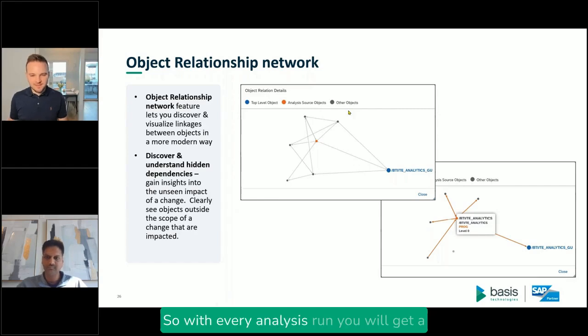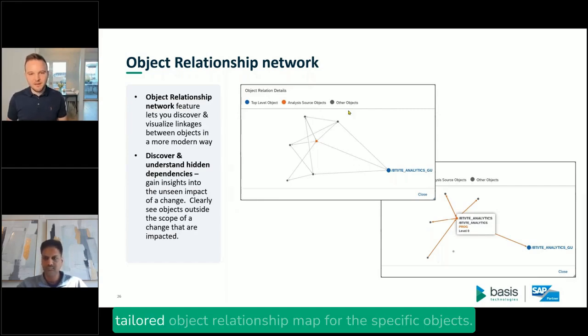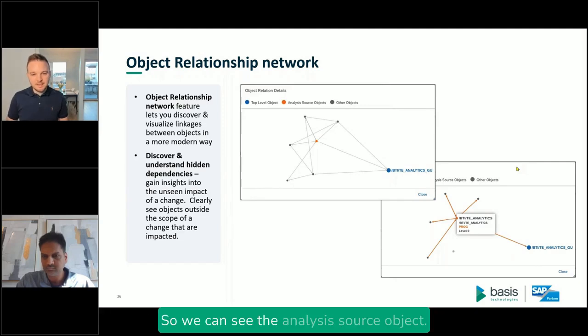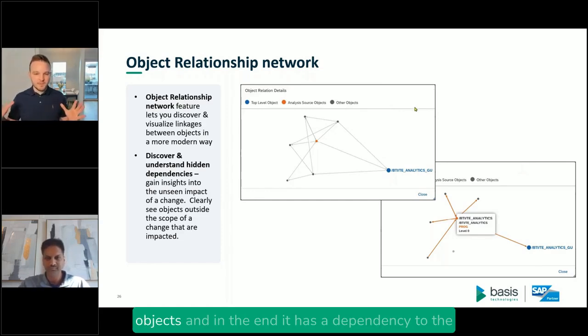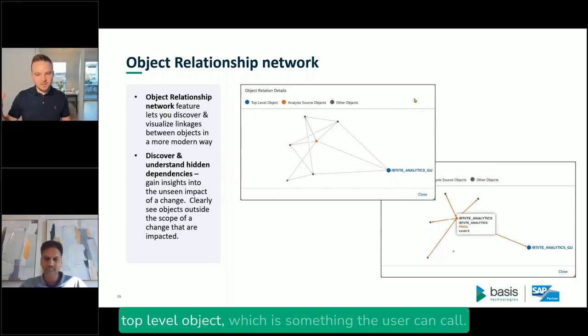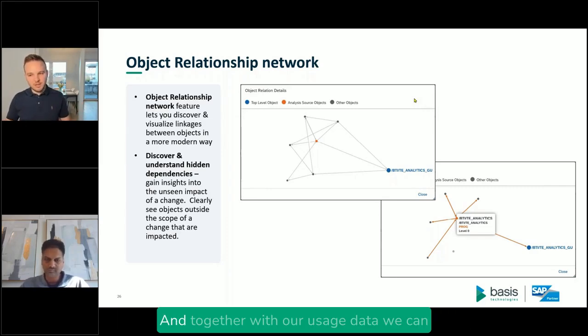So with every analysis run, you will get a tailored object relationship map for the specific objects. So we can see the analysis source object here is the Amber one. It's a very central object, so it has dependencies to other objects. And in the end, it has a dependency to the top level object, which is something the user can call. And together with our usage data, we can precisely predict if there will be an impact or not, or which area is impacted.